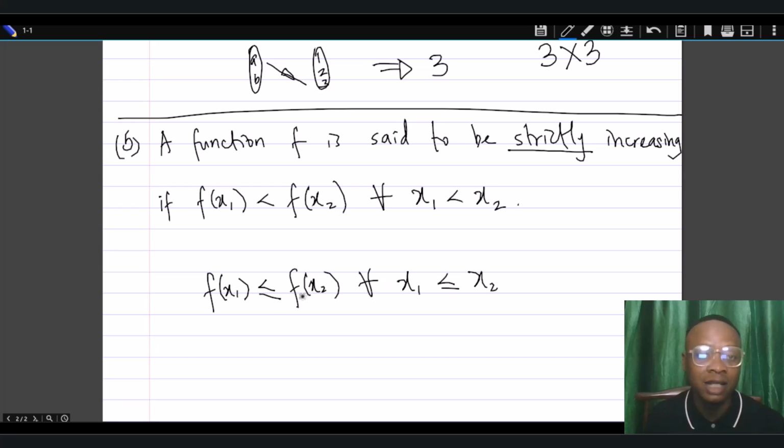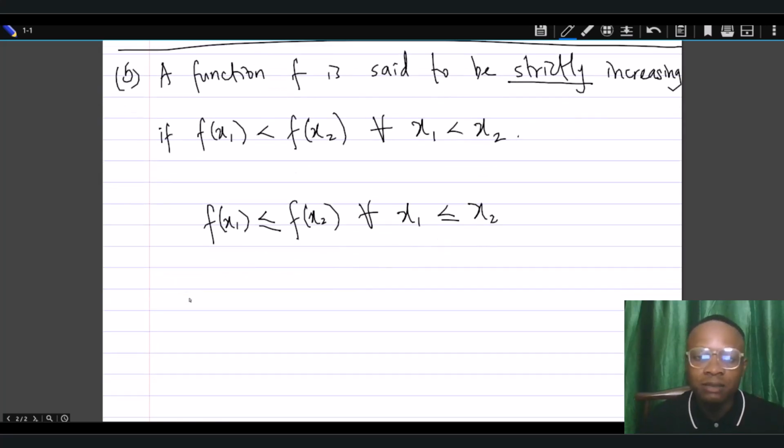So that is the idea. But when we say strictly increasing, that means that whenever the number we select from the domain is higher in comparison to another number from the domain, then the resulting value of the function will also be higher. So that is the idea.